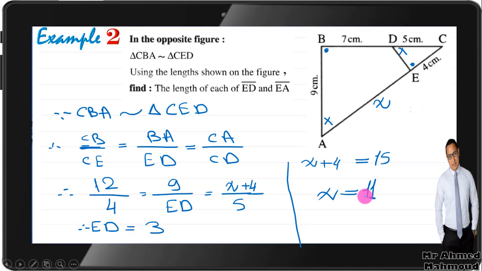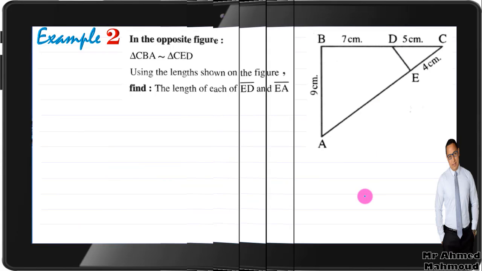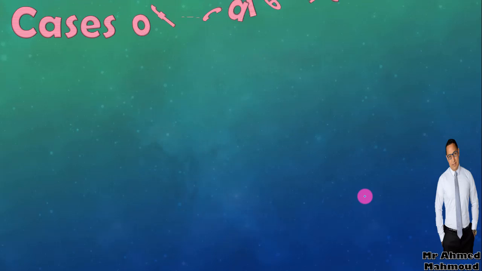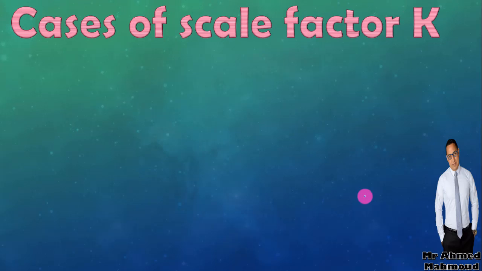Okay, next, let's study the cases of the scale factor K. The similarity has three cases. The first case is when we make an enlargement for the two polygons. This is the first polygon.